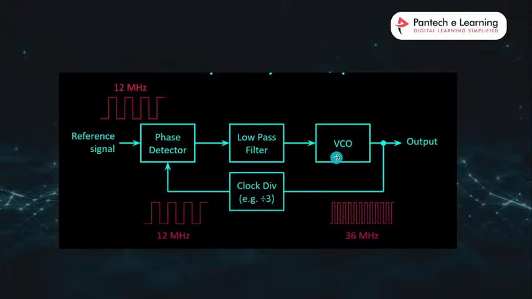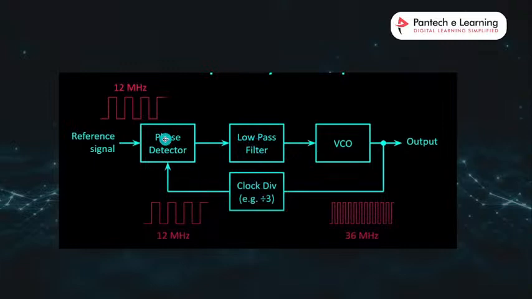It also gives some clock pulses, like 32. We have to fix how much clock frequency we want from the VCO, and then based on our requirement it will give it. Like if you want 36 megahertz of clock frequency at the VCO output, it will give 36 megahertz, and it also has a low pass filter and a clock divider.